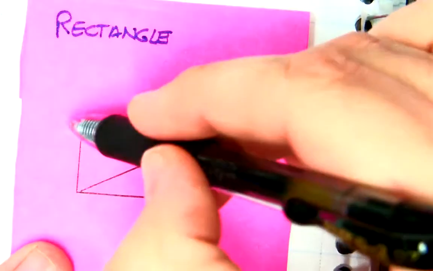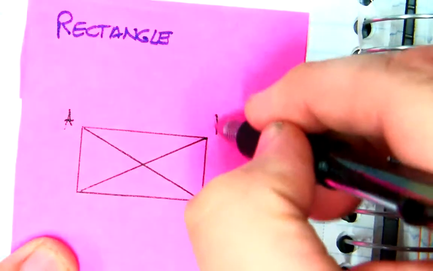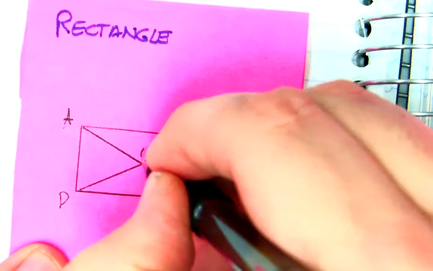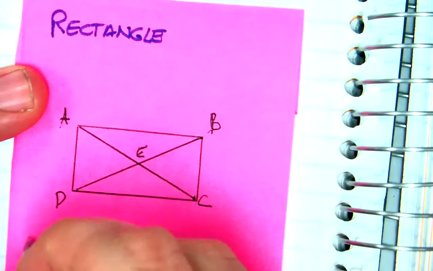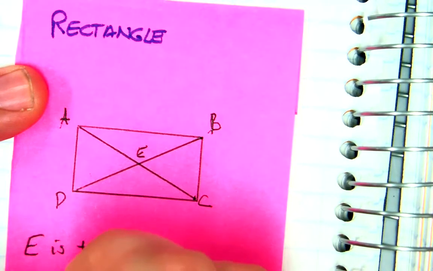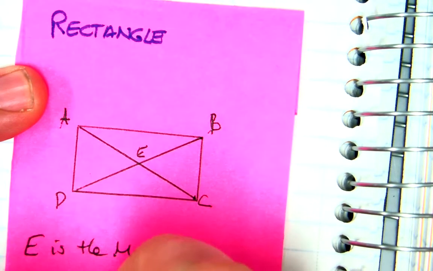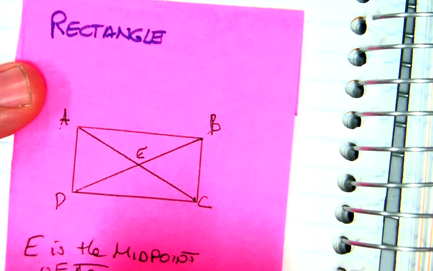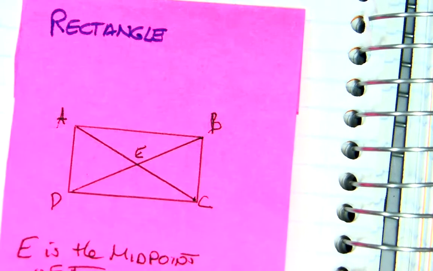Alright, so in this one I'm going to do the same thing. A, B, C, D, and E. And I'll say E is the midpoint of segment AC and DB. Same thing.